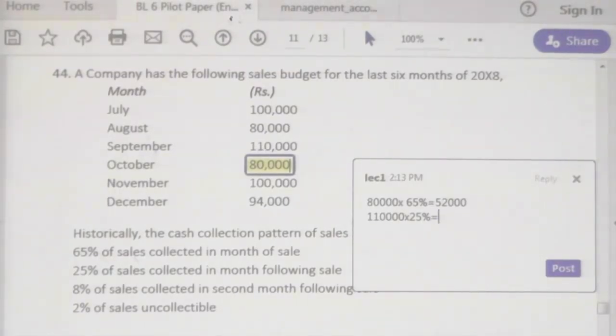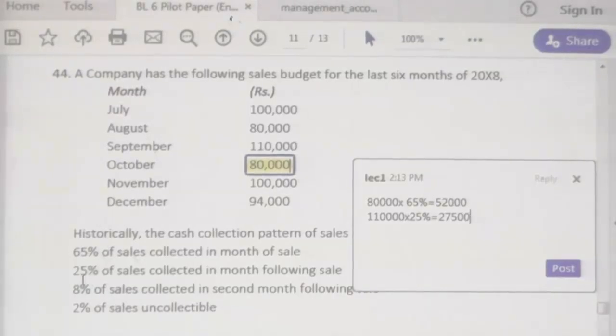Then 110,000, 25%. That is 27,500 can be collected in October relating to September.